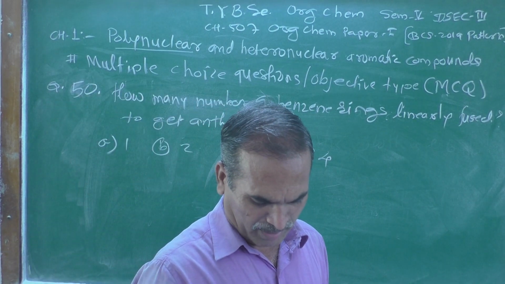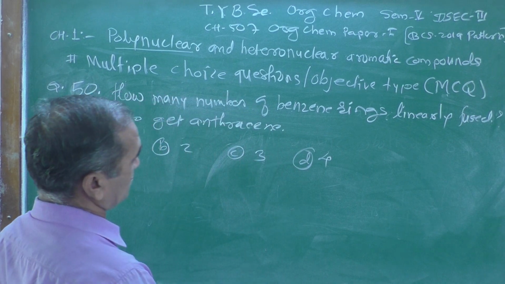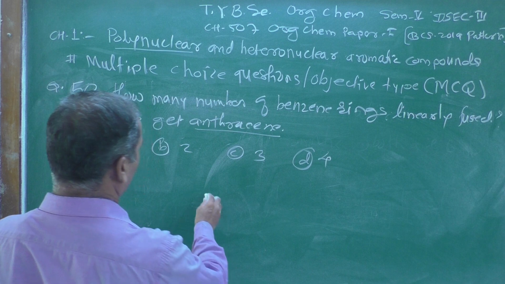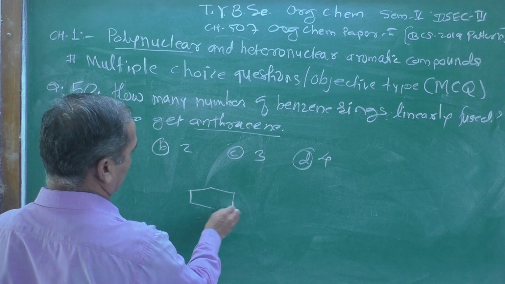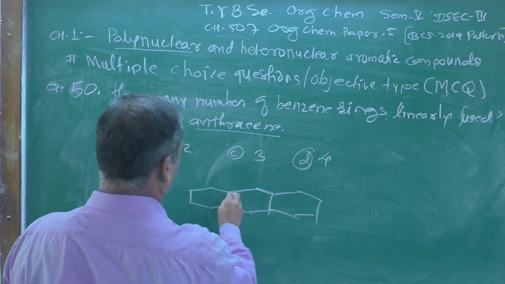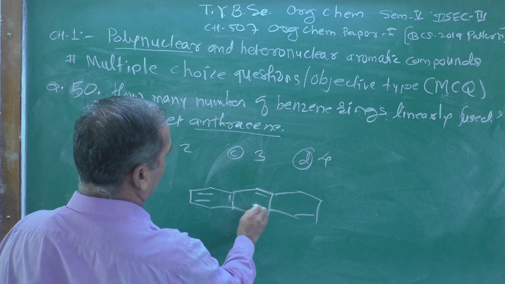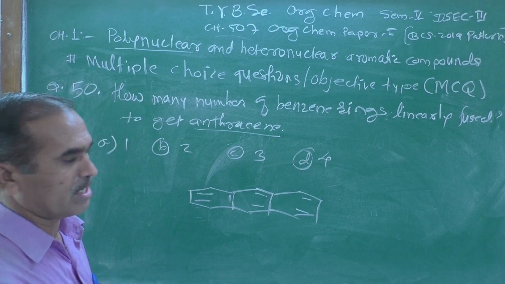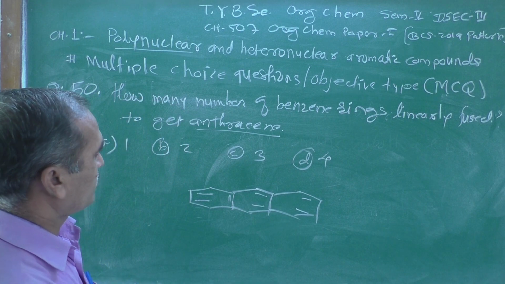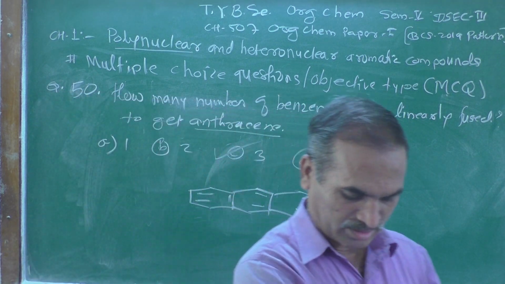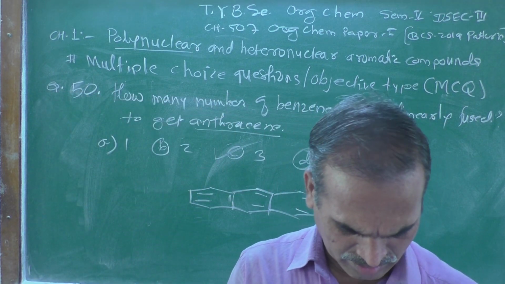If you remember the structure of anthracene, you can find out the correct answer. Look, this is one benzene ring, another benzene ring, and this is the third, 1, 2, 3. Three benzene rings are involved in anthracene, and therefore C would be the correct answer.